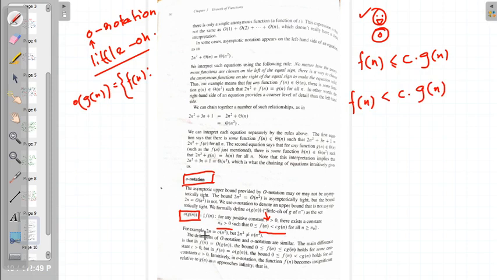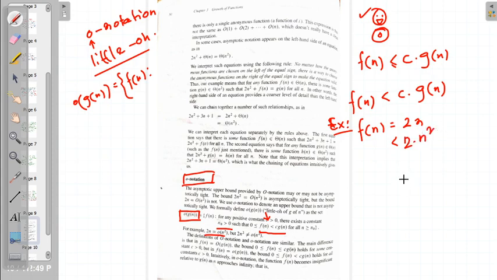Here is an example. Say f(n) equals 2n. And I am saying that it is strictly less than, maybe c times, say 2 times n square.